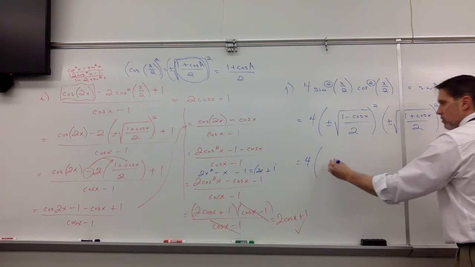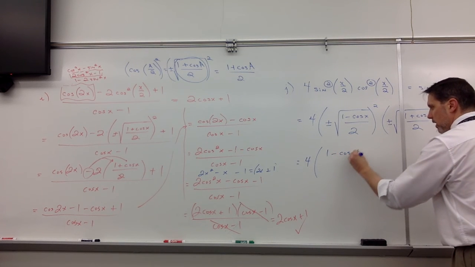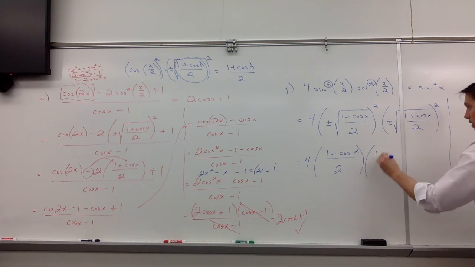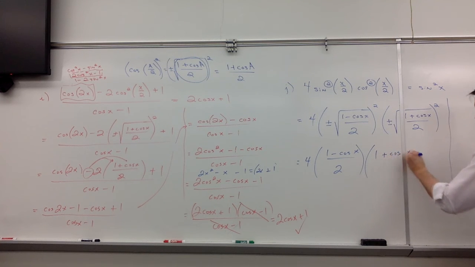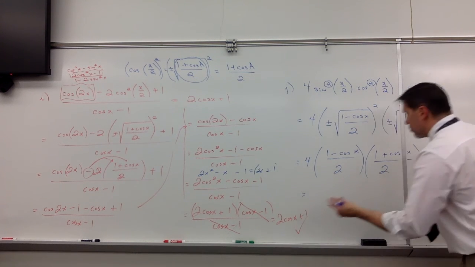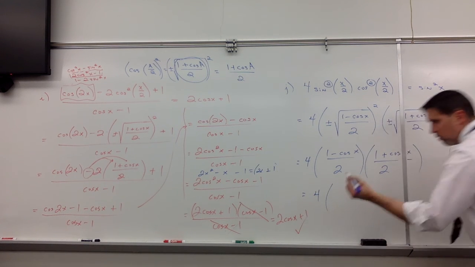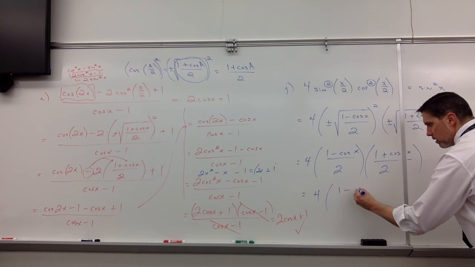That just becomes 1 minus cosine x over 2. This becomes 1 plus cosine of x over 2. If you multiply these two fractions together, numerator and denominator, you notice the numerators, they are conjugates, so you only have to go through first and last.